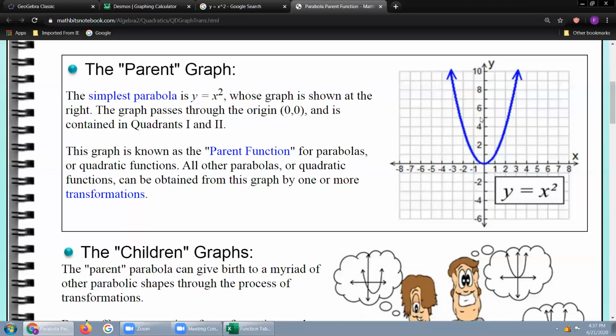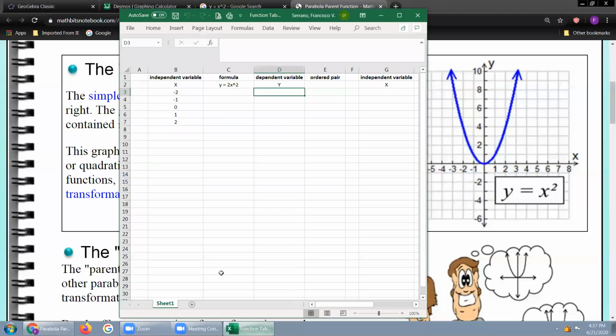All you need to do is graph the parabola y equals x squared, but you don't have to do it from this graph. What we're actually going to do is go to the function y equals 2x to the second power.